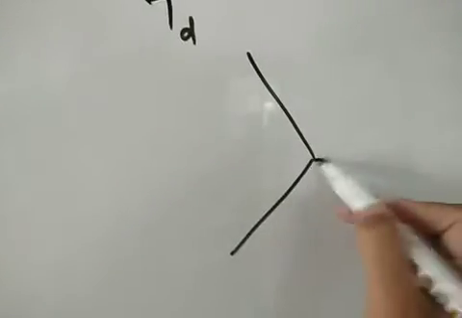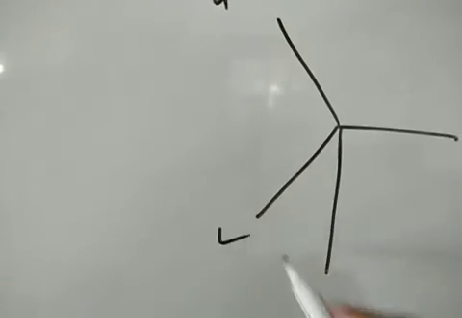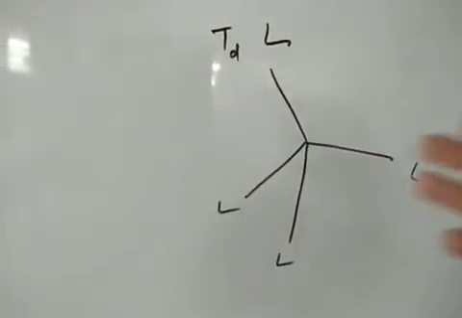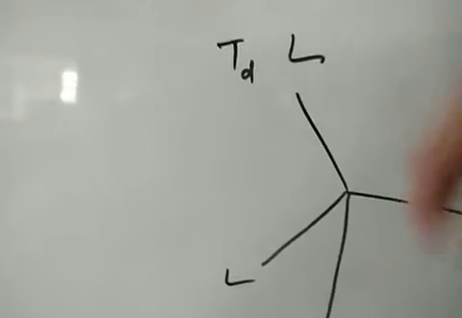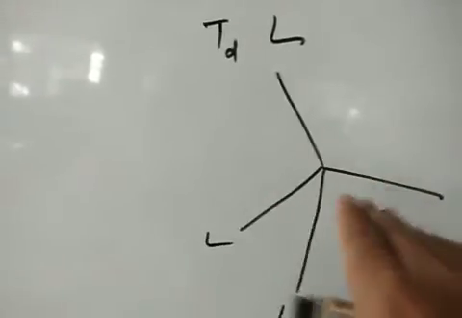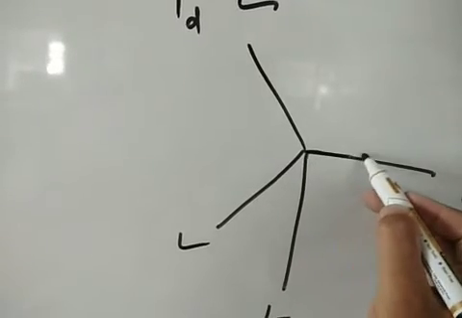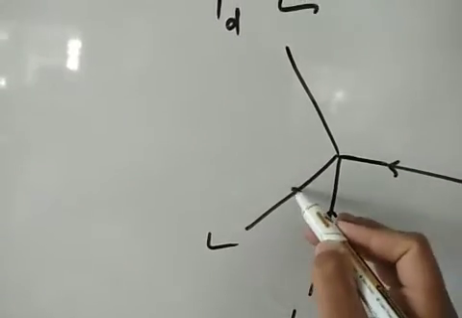Now in the case of tetrahedral complexes, we know that the ligands are oriented in between the axes. They are not oriented along the axes of the 3-dimensional coordinate system. Rather, the ligands are approaching in between the axes.